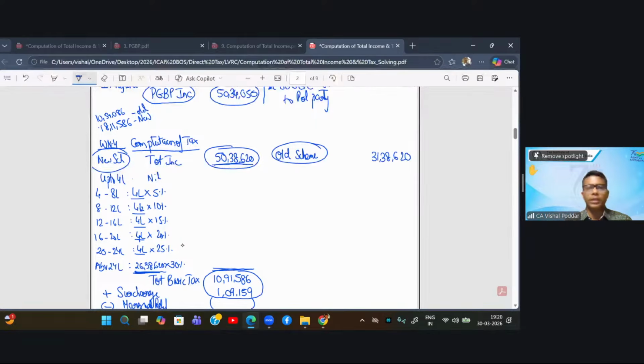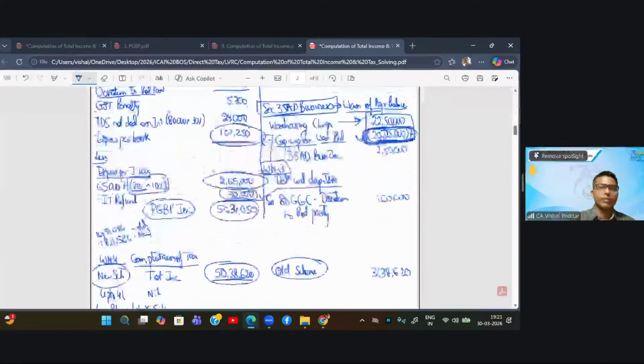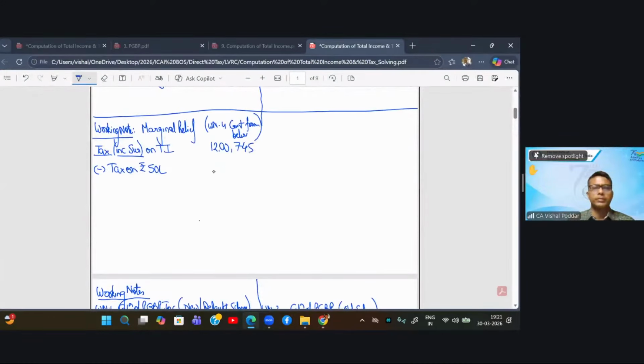So how much am I getting? One second, let me calculate. My tax on total income of 50 lakhs as per this slab. Okay. So I'm getting, students, 1080. So this is my difference in tax.